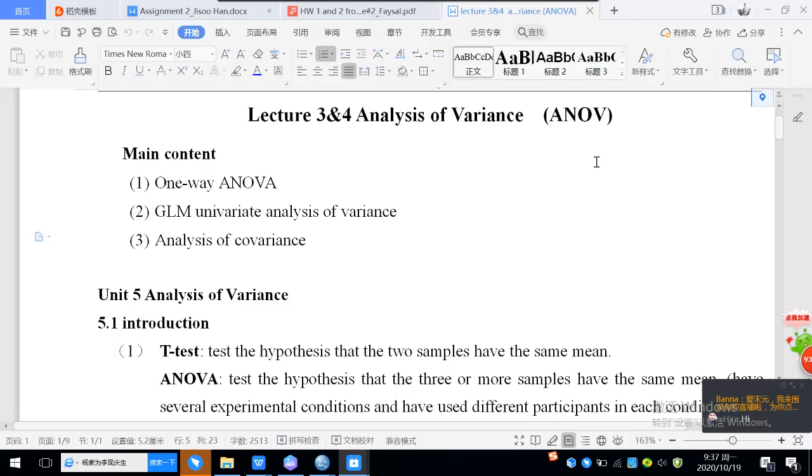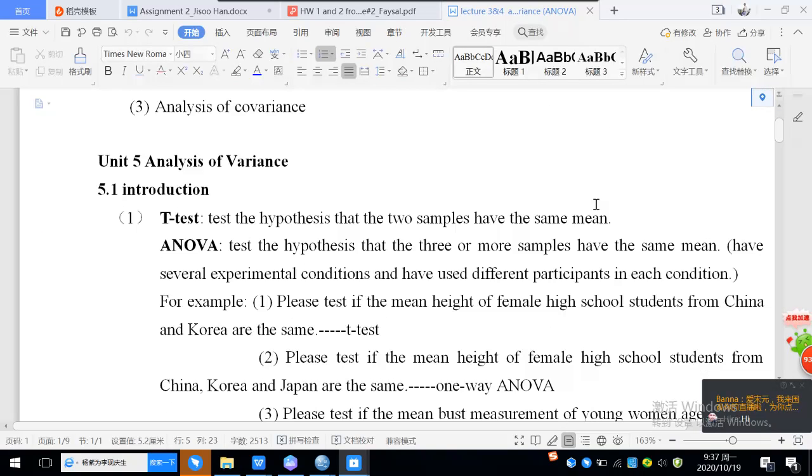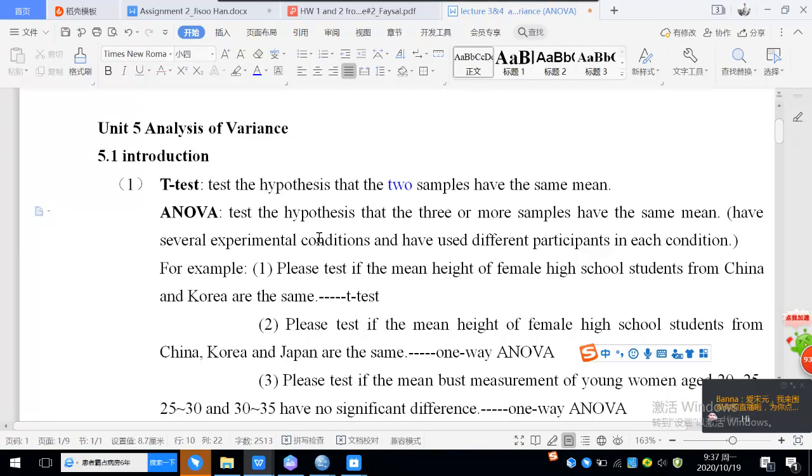The T-test tests the hypothesis that two samples have the same mean, while ANOVA tests the hypothesis that three or more samples have the same mean. So T-test: 2 samples; ANOVA: 3 or more samples.